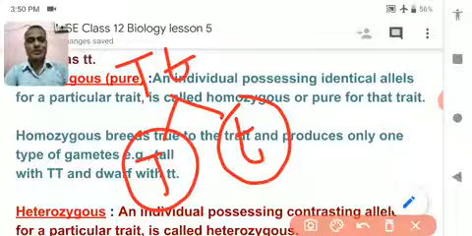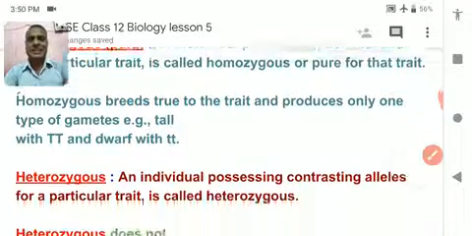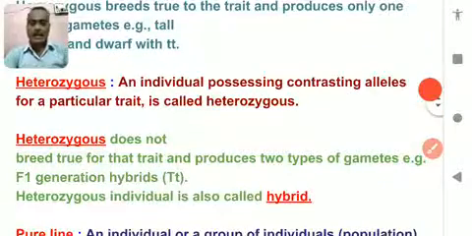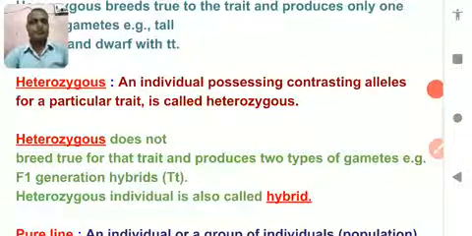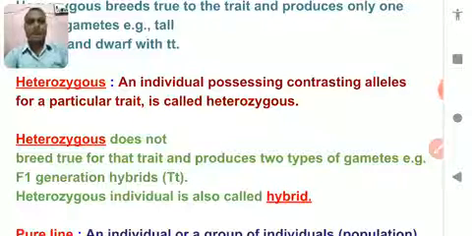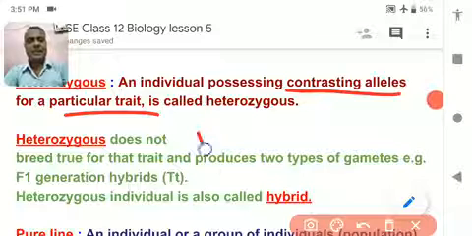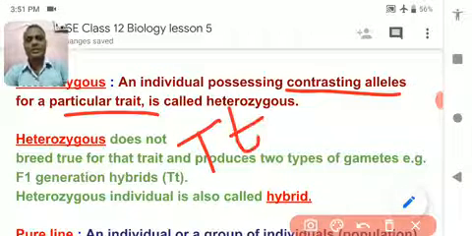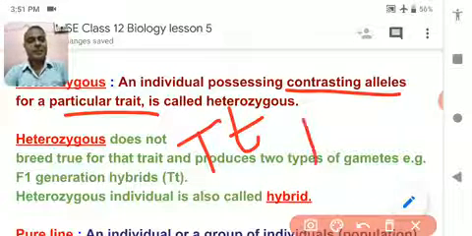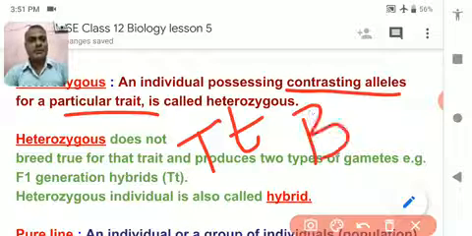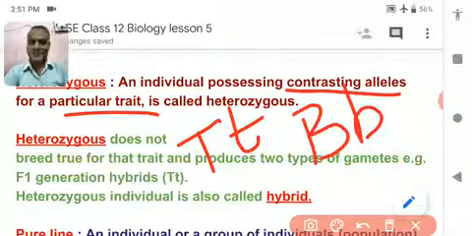So I think you understood the second term, that is heterozygous. A heterozygous individual possesses contrasting allele of a particular trait. Contrasting means opposite allele. Capital T, what will be the opposite? Small t. Capital B, suppose this is for blackness, then small b, suppose this is for whiteness.